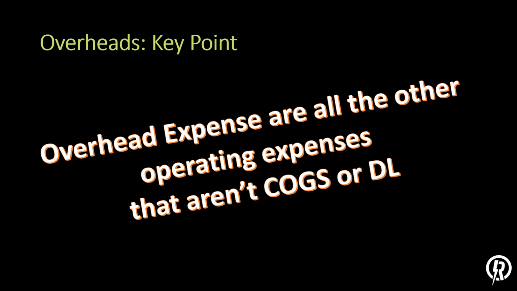So remember, cost of goods, that's the cost of the ingredients for all of our food and drink. Direct labor, that's the cost of all of the expenses that it takes to employ our team. Overhead expenses are everything else. They're all the other operating expenses that aren't cost of goods or direct labor. As you might have guessed at this point, you're going to see the slide again. So get ready, get set, here we go.